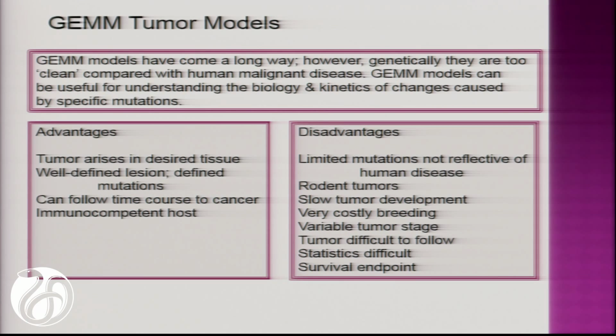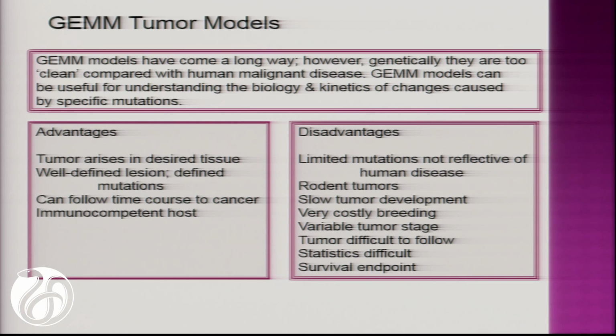GEM models are genetically engineered mouse models of cancer. These have come a long way in recent years. However, genetically, they are clean, you might say. These tumor models may have an oncogene inserted into them. They may have a tumor suppressor gene deleted.